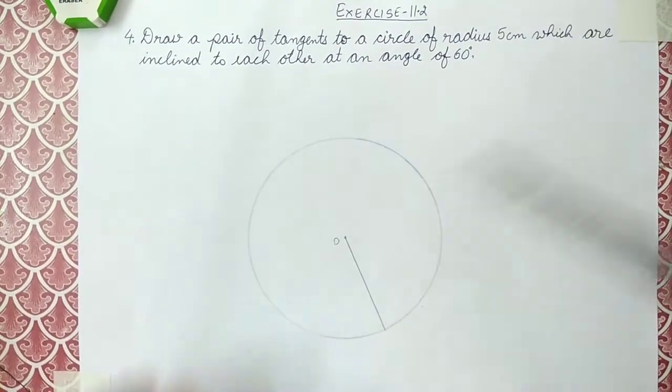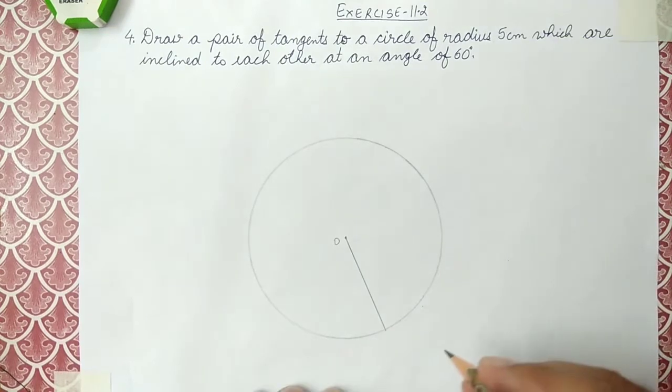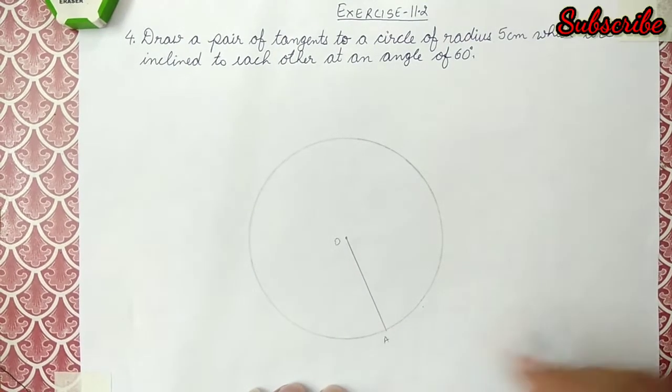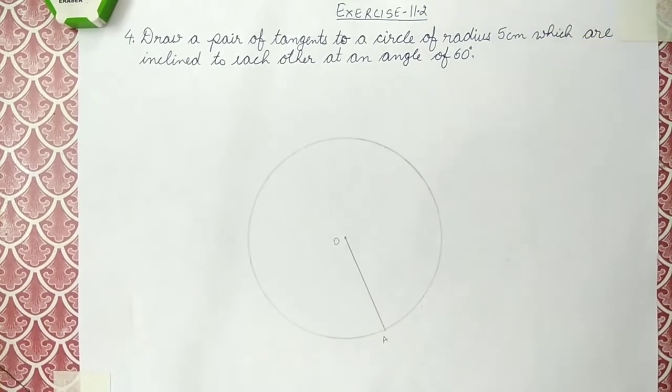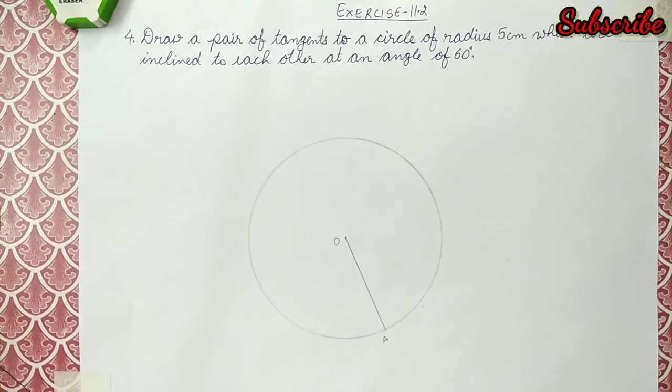Now the next step is to make an angle of 120 degree from the O. So for that what we do, we draw an arc.